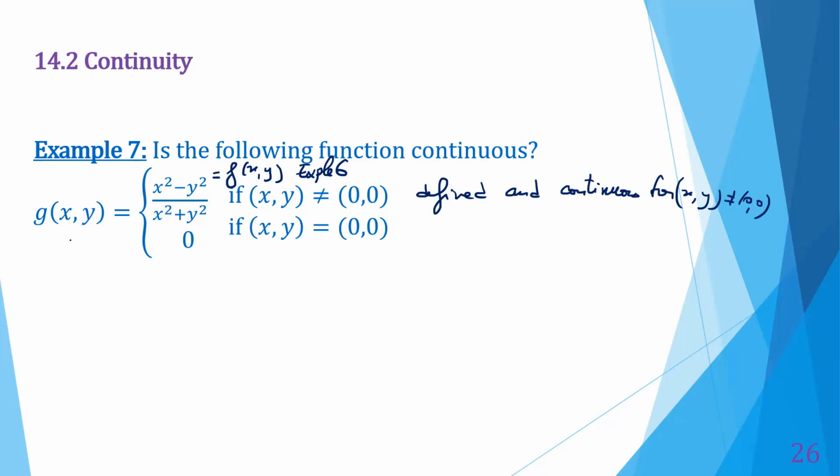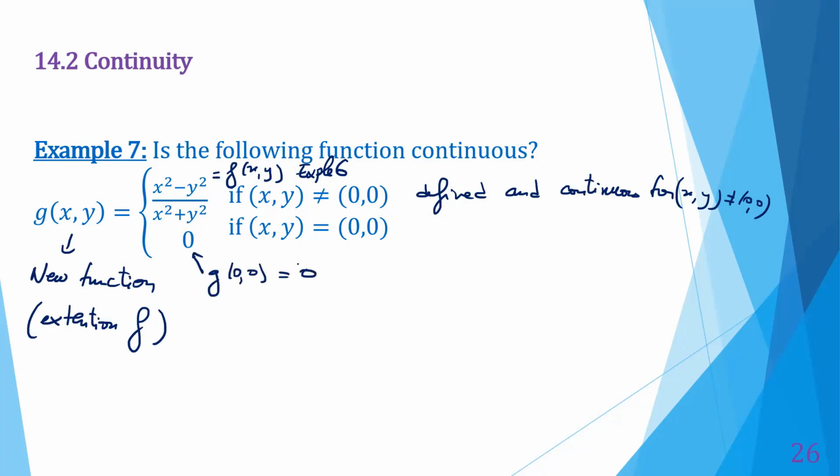If we define a new function g, which is somehow an extension of f, we extend f by giving a value here at 0, 0. So we are defining g of 0, 0 is 0 here, for example, or it can take any value, okay? To obtain a function which is here.